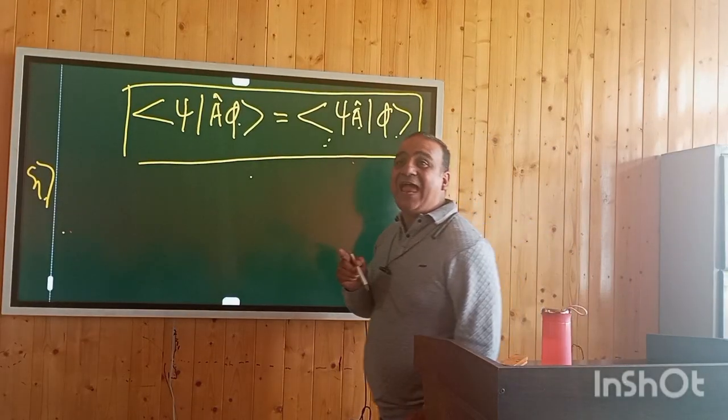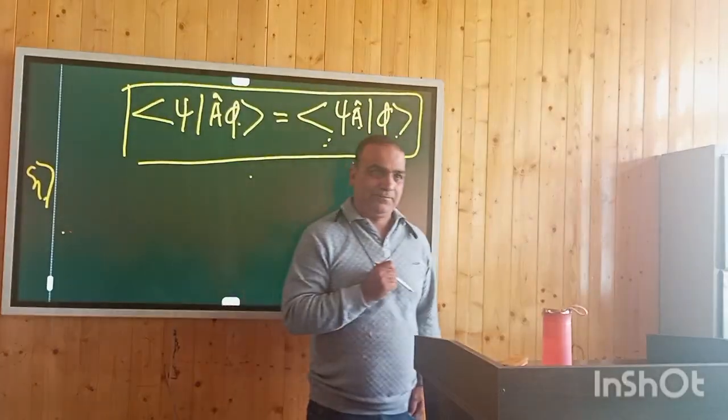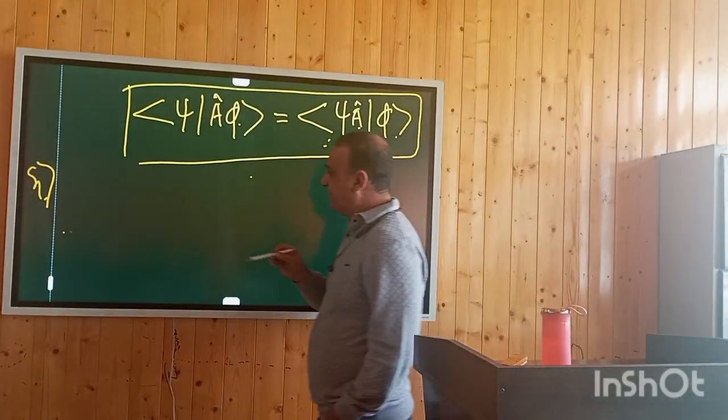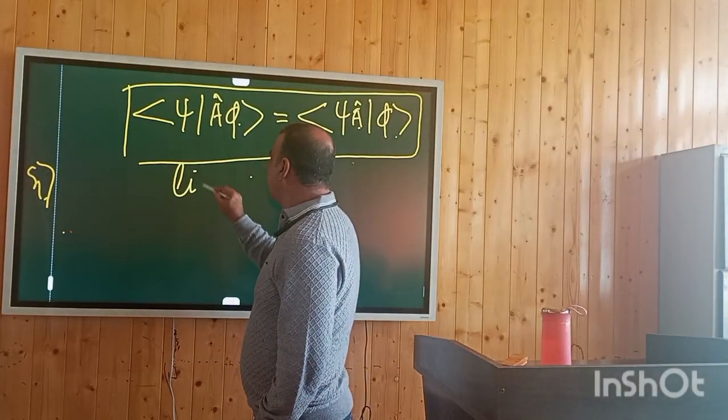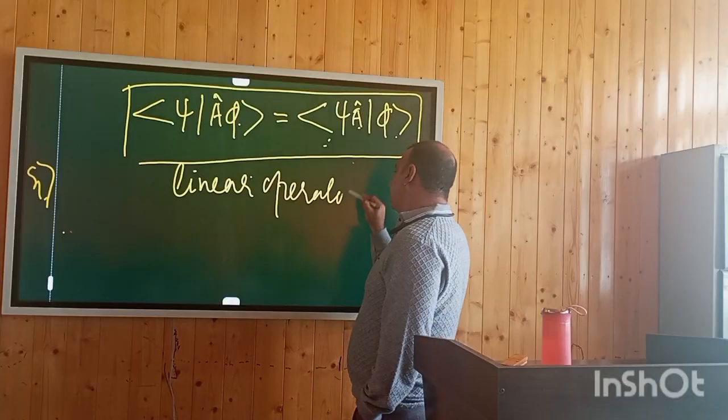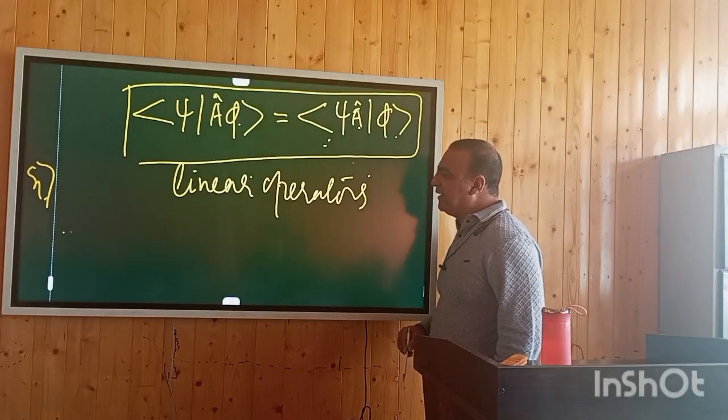Now these operators have to be linear. The operators that we have been talking about have to be linear operators. What does that mean?